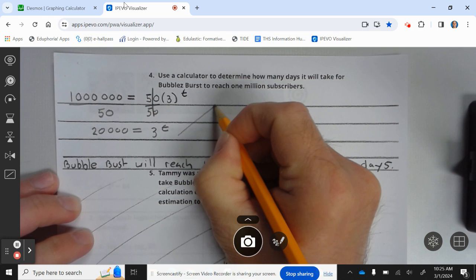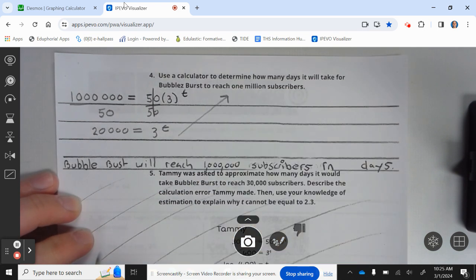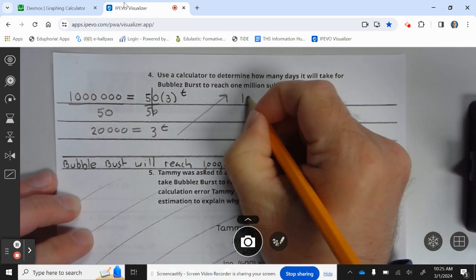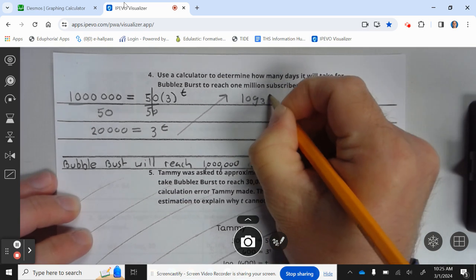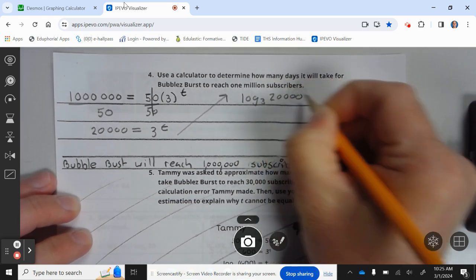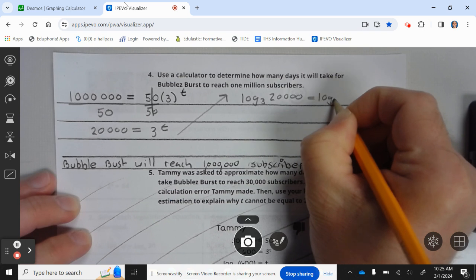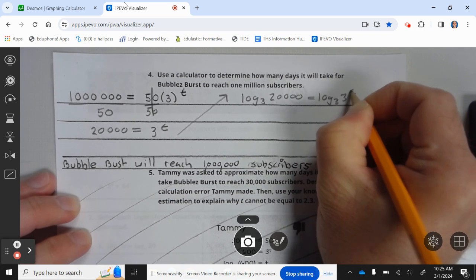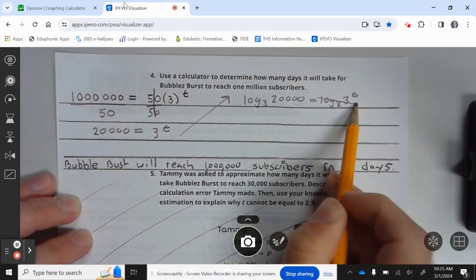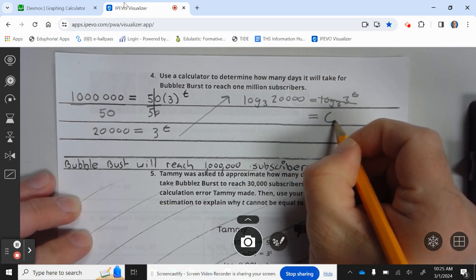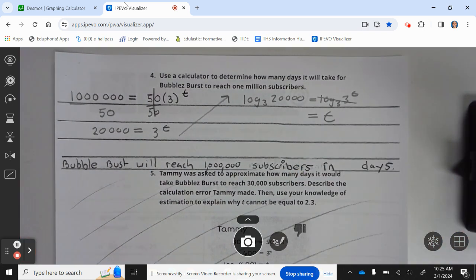Let's go ahead, we ran out of space, so let's carry our work over here. We're going to take log base 3 of both sides. Now, log base 3 of 3 cancels each other. You're left with t equals log base 3 of 20,000.